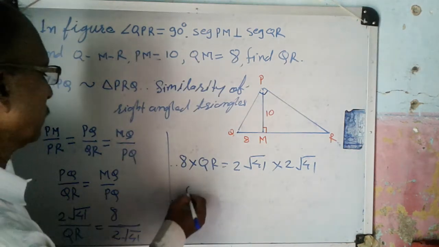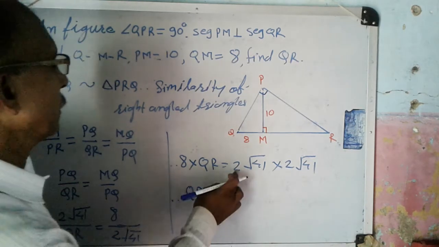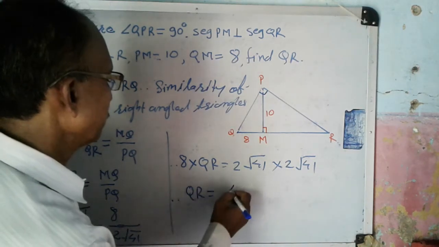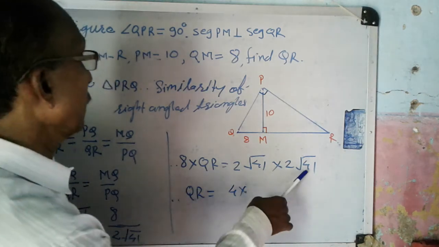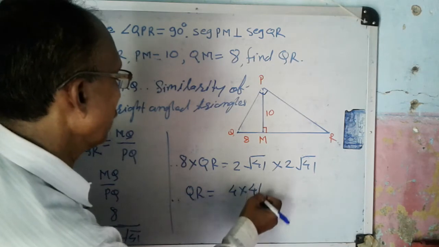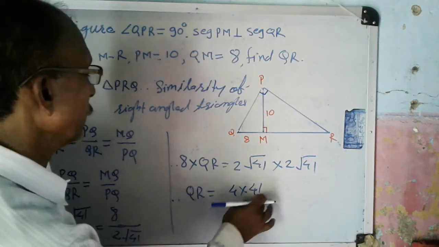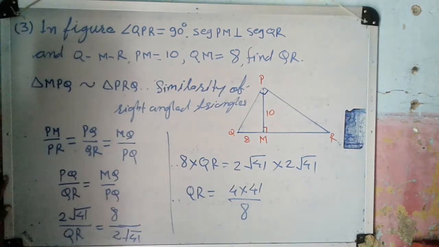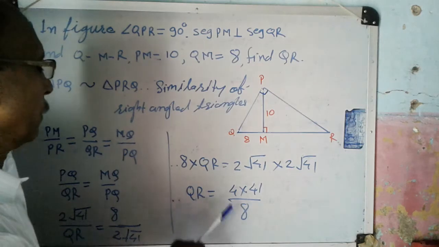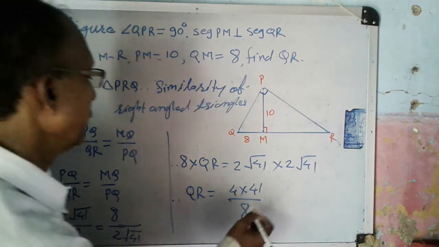And therefore QR is equal to, here we get 2 into 2, 4. Under root 41 into under root 41 we get 41. So the product of this is 4 into 41 upon 8. Now divide this 8 by 4, we get 2.